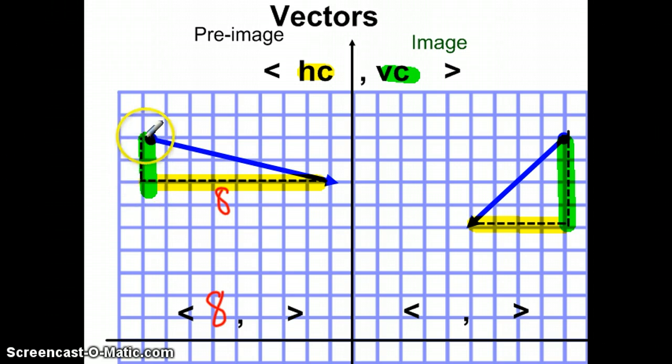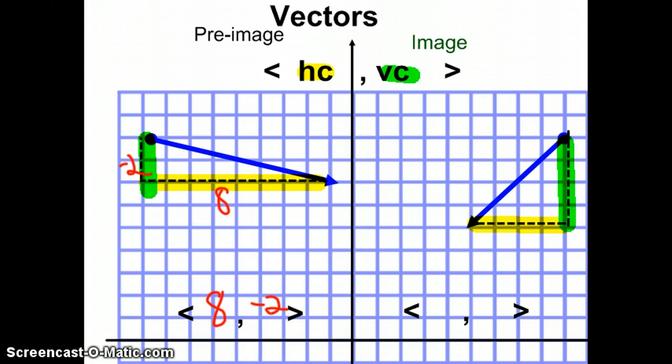But as you can see, if I start with the initial point and go to the terminal point, I'm actually going down, which means it's going to be a -2. So no matter where I am on the grid, this particular vector has a horizontal component of +8 and a vertical component of -2.